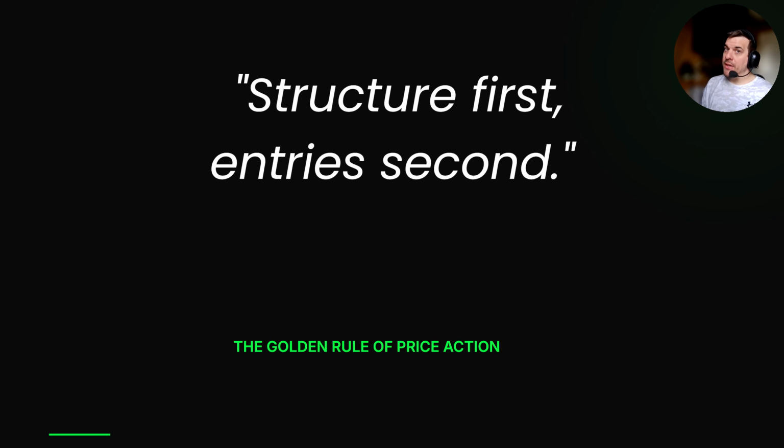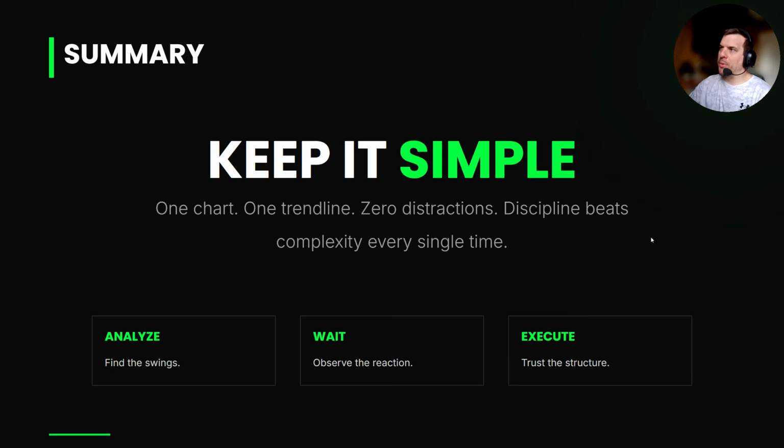A lot of the times, folks will get entries first and then worry about structure later. I've done it. I do it all the time, and I'm not, but it's easy to do. It's easy to get excited for a trade. But remember, you got to get the structure break and then confirm, and then you go ahead and get into your entry. So keep it simple.